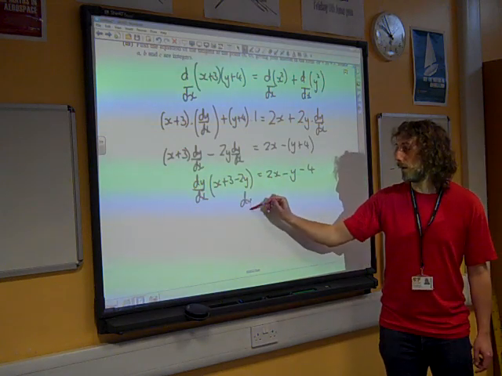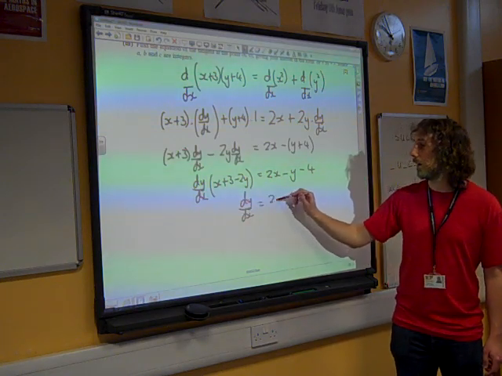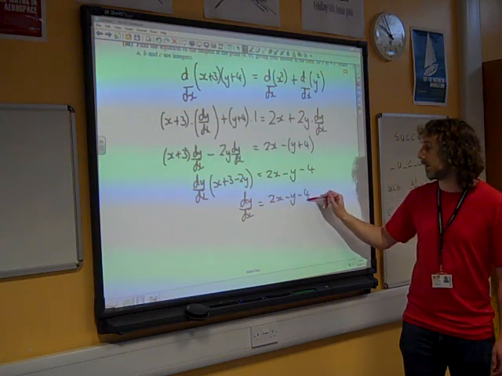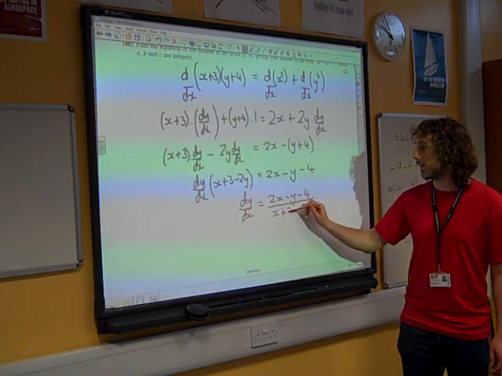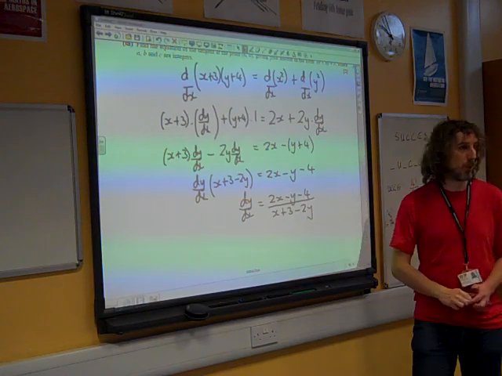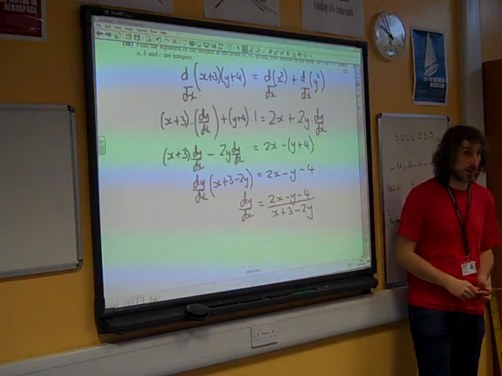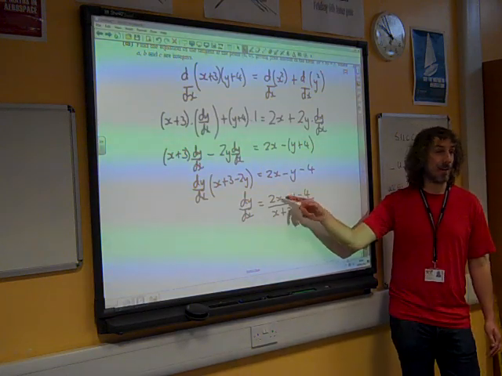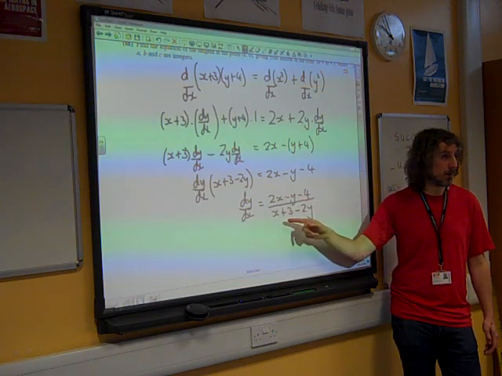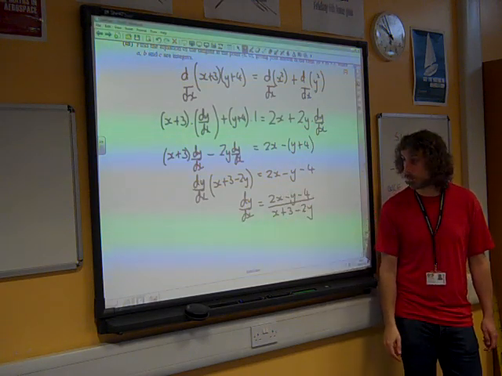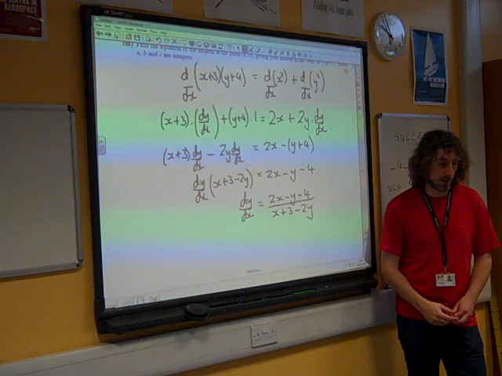And so, finally, we've got that. If you rearranged it slightly differently, you may have the negative of the top over the negative of the bottom, but that's fine. It's the same thing. There we go.